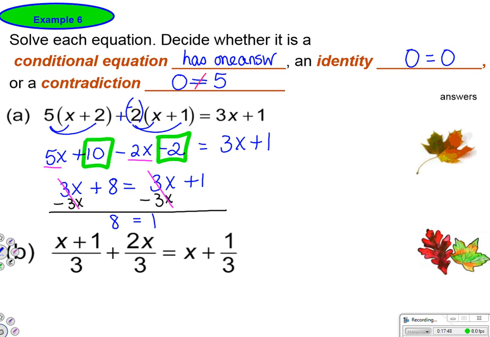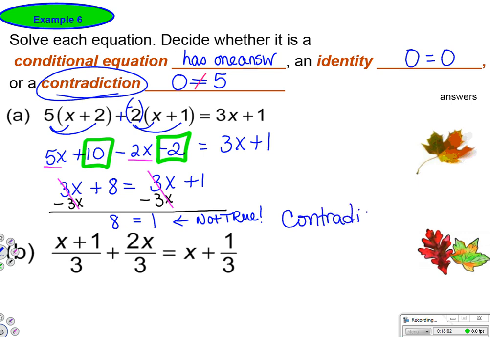Well, that's not really true, is it? That is not true. And therefore, it's what we refer to as a contradiction equation. Sorry about the blackout screen, you guys. Okay, so this is a contradiction, which means there's no solution.